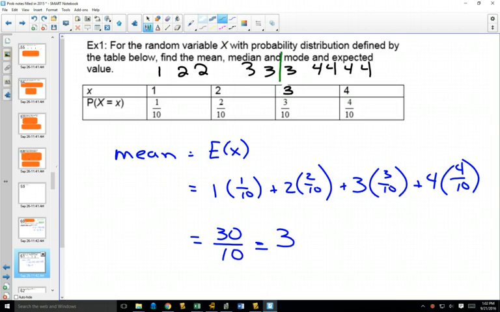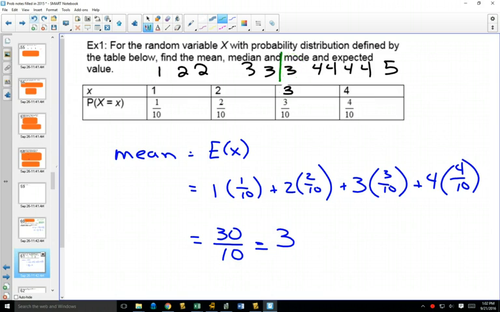If you have an odd number, if we added one more number, say you really studied for the next test and you got a 5, then you would have a middle number that's actually the 3. Okay? So when there's an odd number, like I added the 5, then the median would be 3.